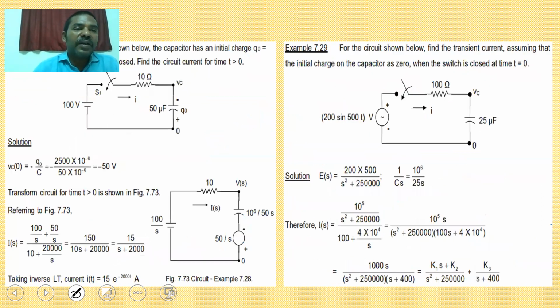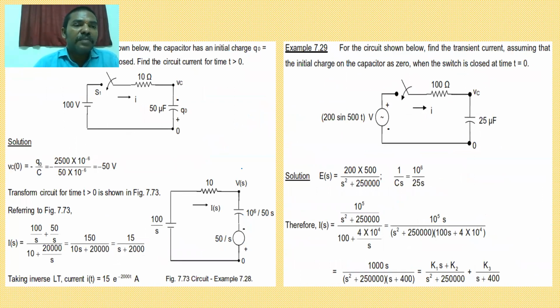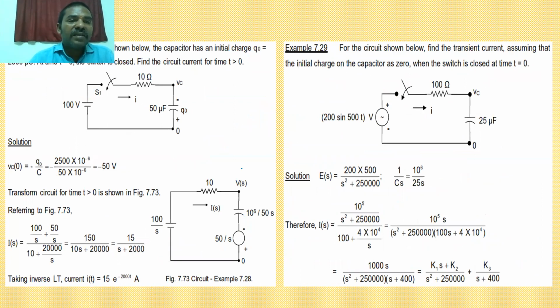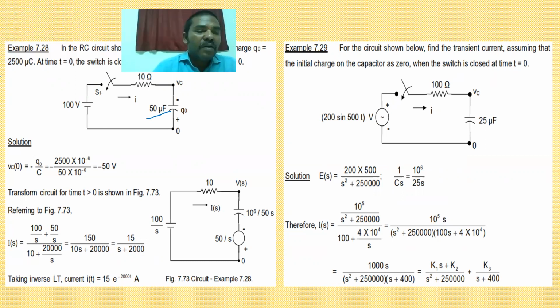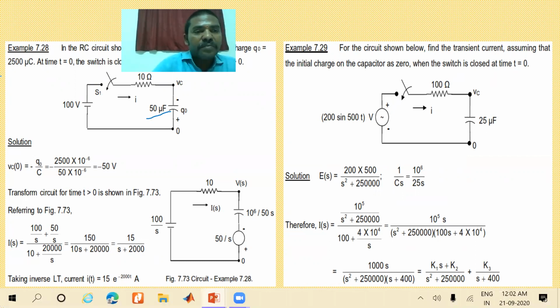Then come to another problem. Here an RC circuit is given. Initially the capacitor is charged with 2500 microcoulombs.